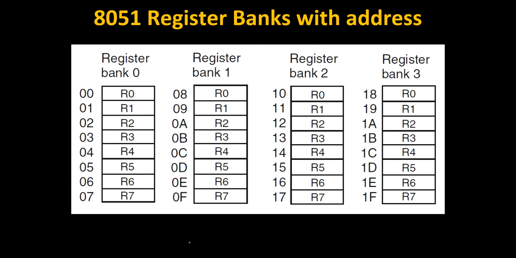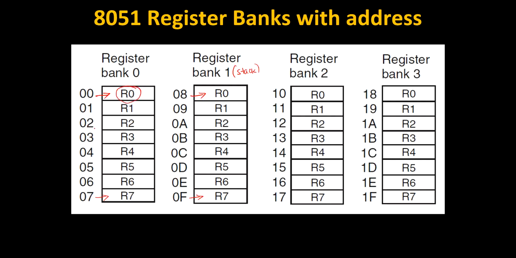This is clearly mentioned here: register bank 0 is at address 00 to 07, register bank 1 is 08 to 0F. If you want to address a register, 00 points us to bank 0.